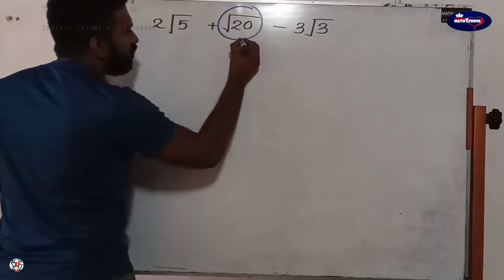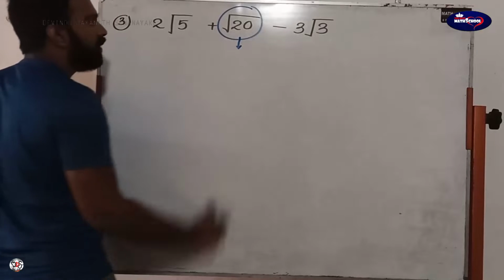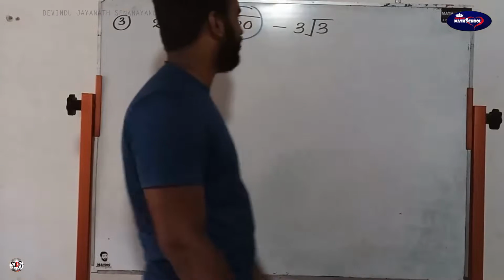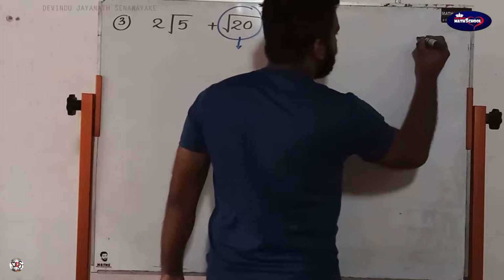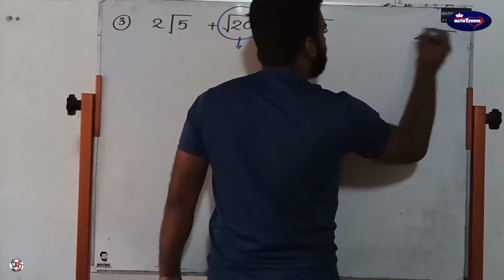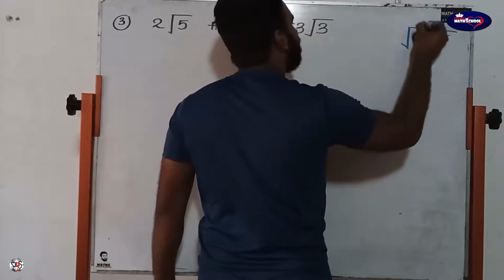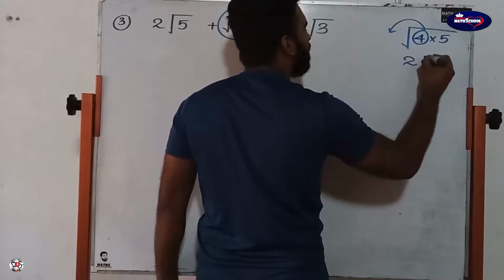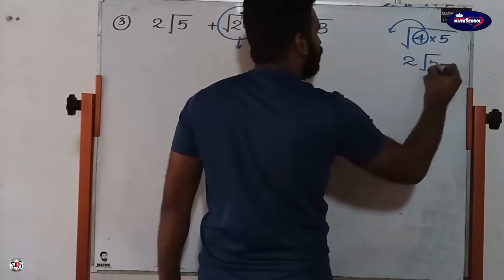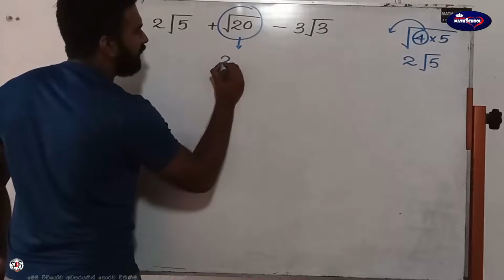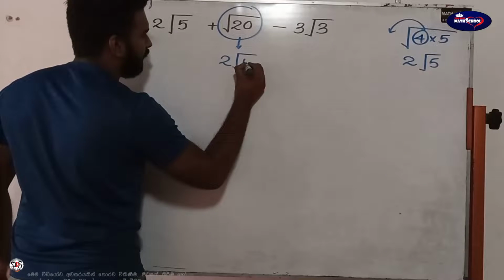So this one you should convert into a surd, that means write it in the simplest form. 20 you can write as 4 into 5. If you take 4 out of the square root symbol, that means 2 to the power 2, you can take out 2. So 2 into square root of 5 will come.